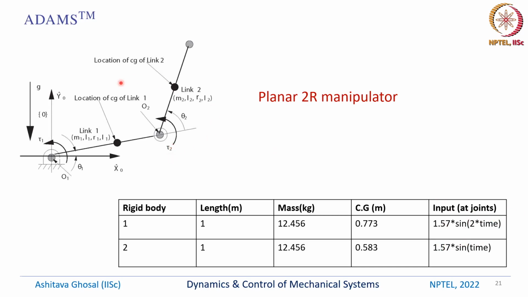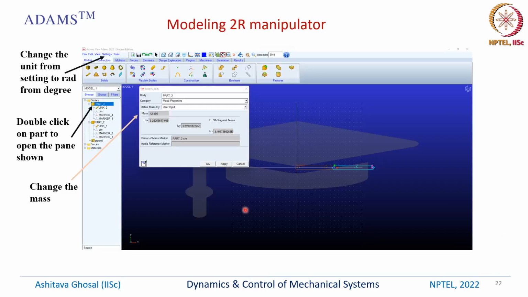Okay, so this was the planar 2R robot. We have chosen these numbers. And again, we can make a model of this 2R manipulator. So we start from this, we change the unit in settings from radians to degrees. You can do all this in the settings. Then you double click on the part to open the pane shown here.